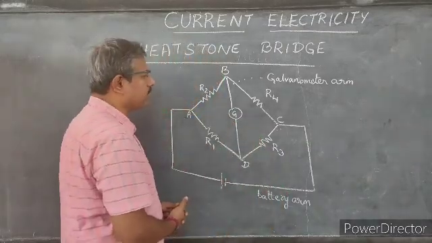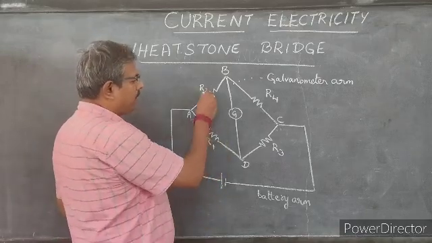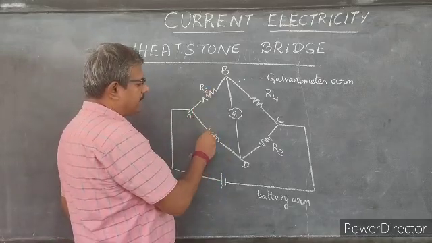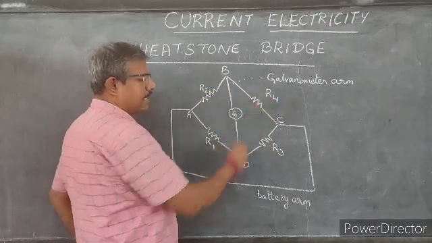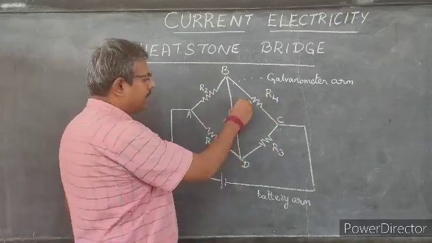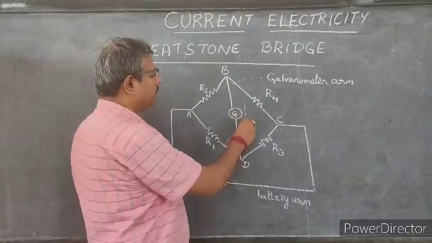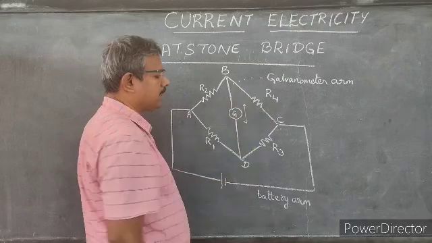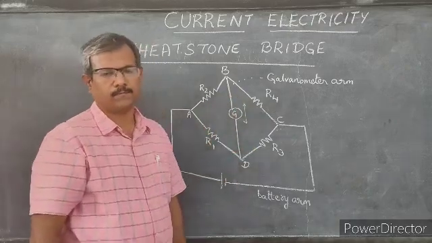So the idea here for a Wheatstone bridge is to somehow balance the 4 resistances such that there is 0 current flowing either in this direction or the opposite direction through the galvanometer arm.